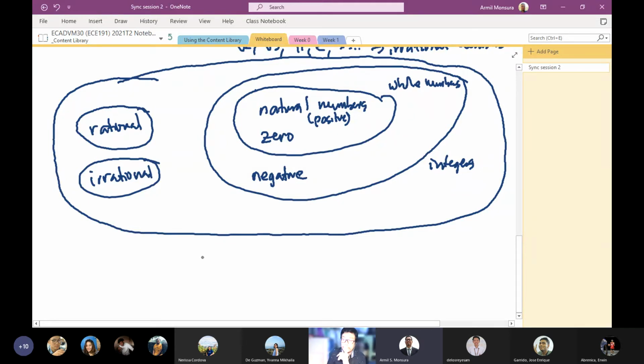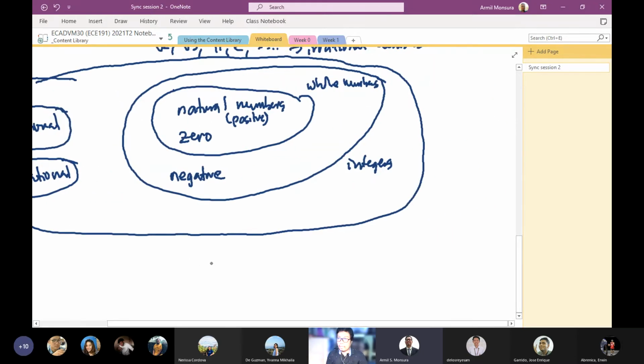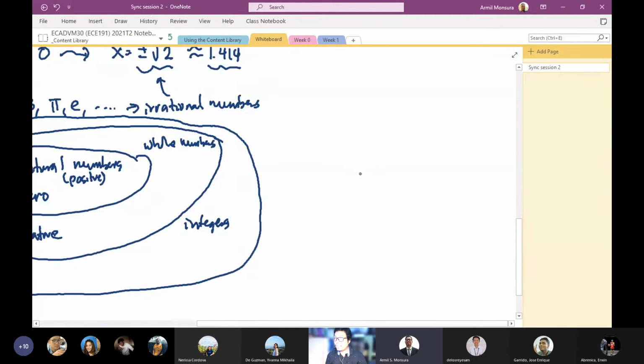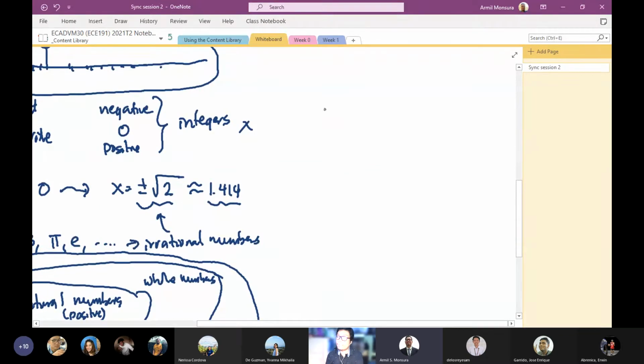What would be our motivation to extend this set of numbers? Actually, ginagawa nyo to before, and this is something that you have studied before. The motivation actually comes from the solution of an equation such as x squared plus 1 equals 0, or basically x squared equals -1.